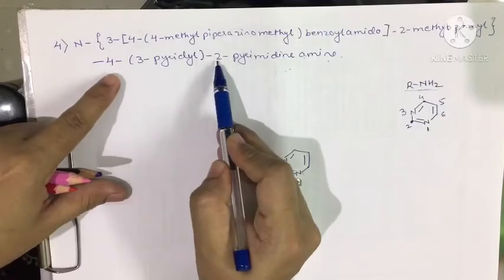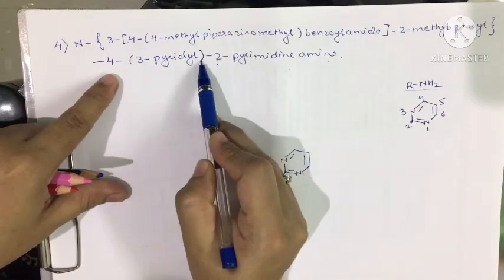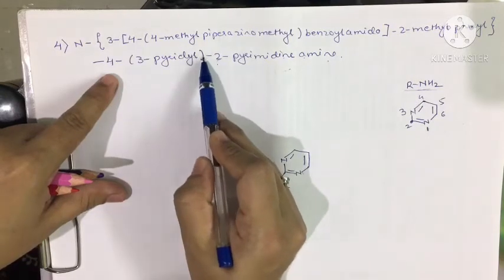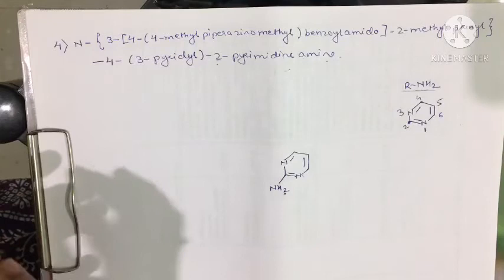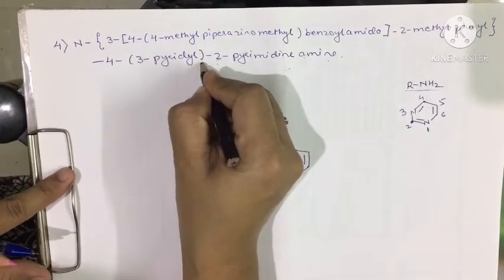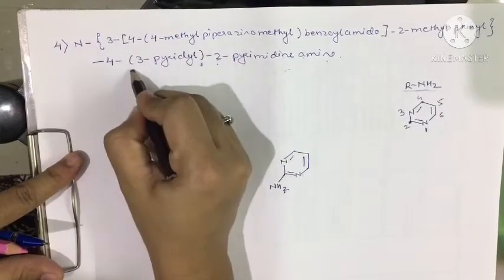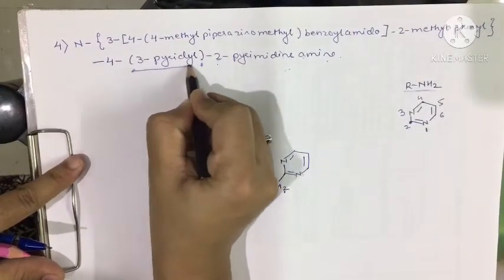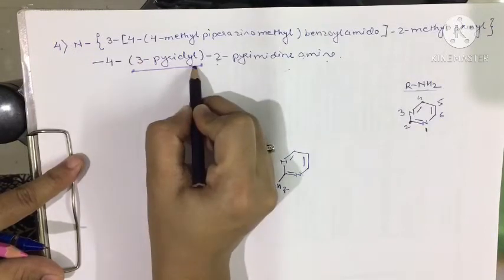The other part is, to this 2 there is one bracket ending here. So let us find out where it starts from. This is the end point of the bracket, and it starts from somewhere here. This is the starting point. I will mark it with a color pen, and this is the 3-pyridyl group.